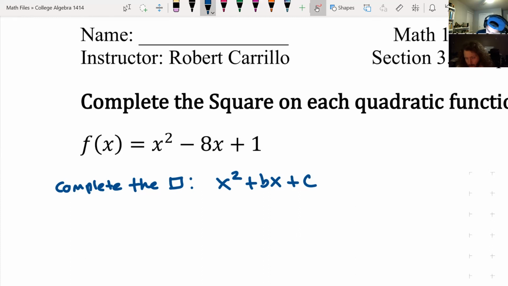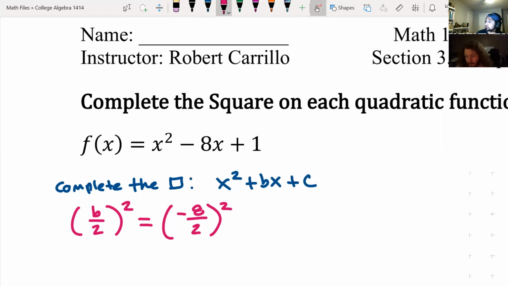We have the form, and then we're going to do b over 2 and square it. So we're going to take half of the middle term's coefficient and square it. So from our problem above, we have -8 over 2 squared. This will give me -4 squared, which will give me 16.